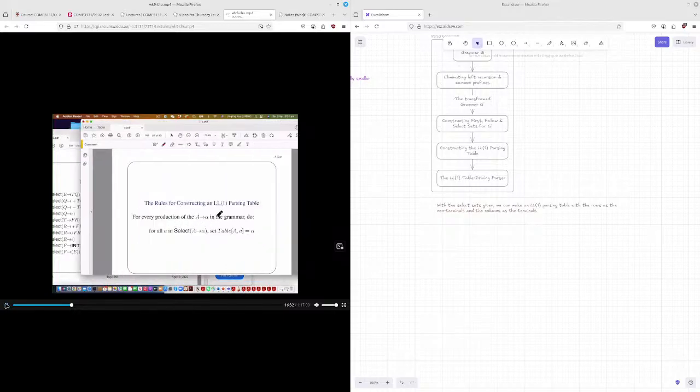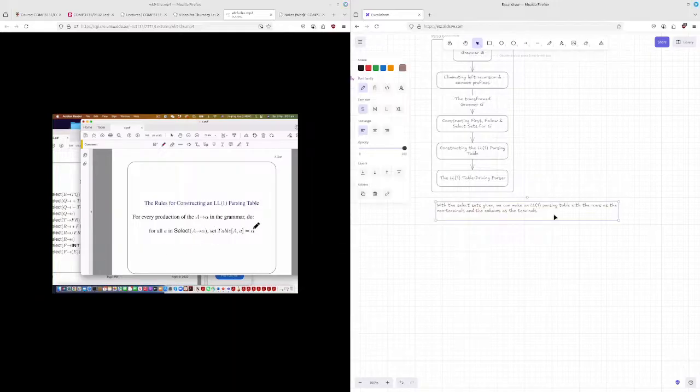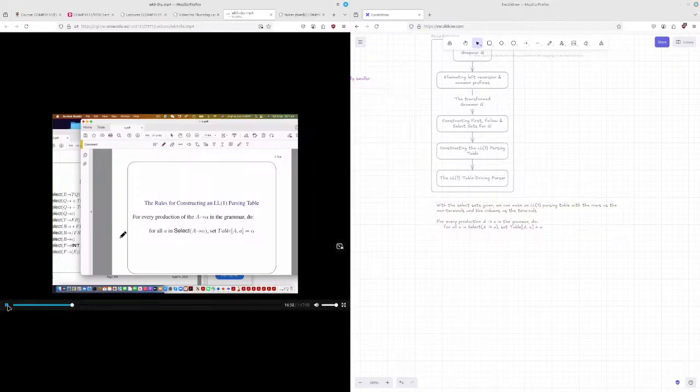For each production, for all the tokens in its select set, you set the table entry to be that production.